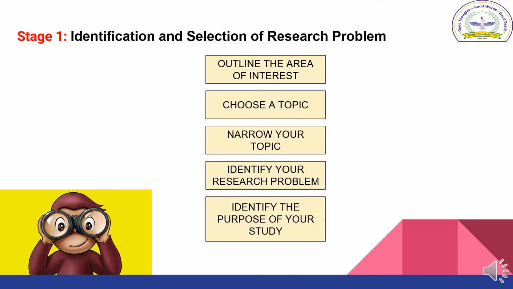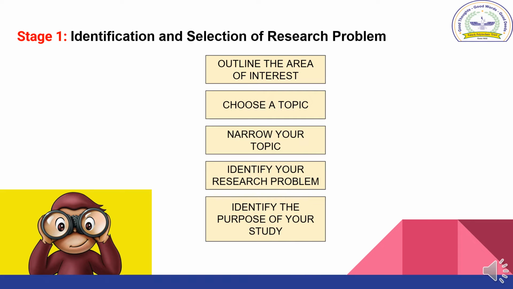First, you need to outline the area of your interest. You need to choose a topic which is suitable for research. You then have to narrow down your topic. That is, you have to be very specific about what exactly you want to research about, what you want to gather information about.